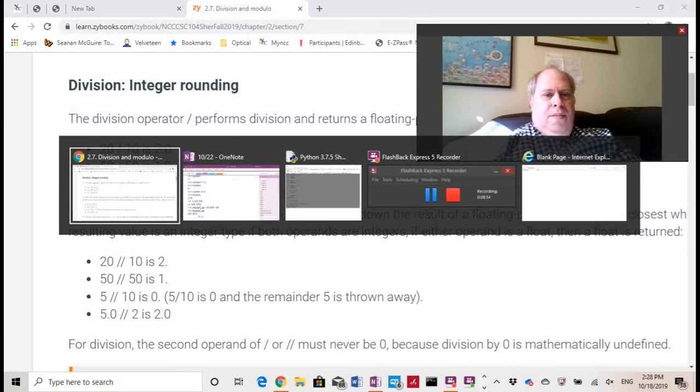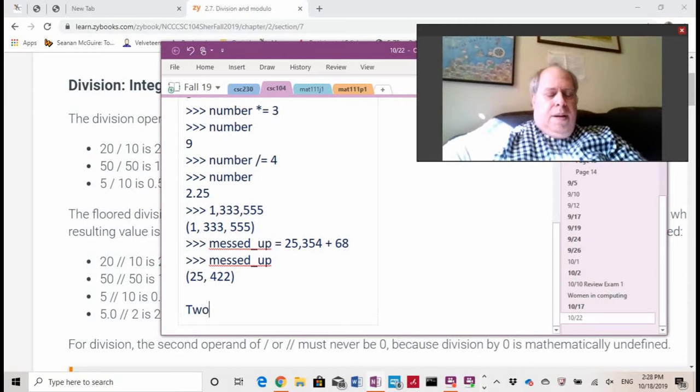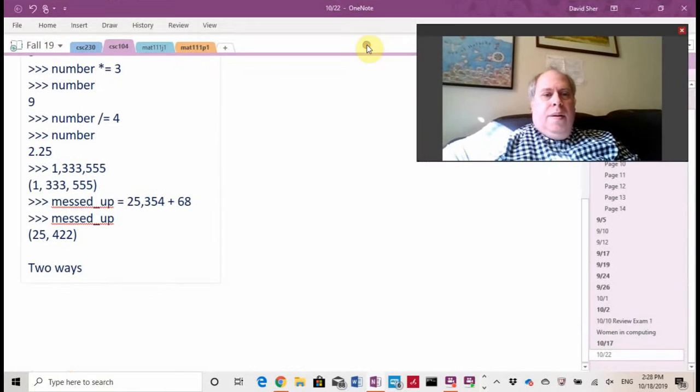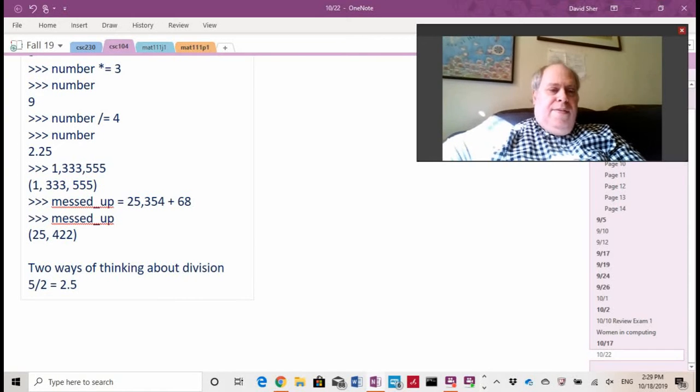Two ways of thinking about division. One way is 5 divided by 2 is 2.5.